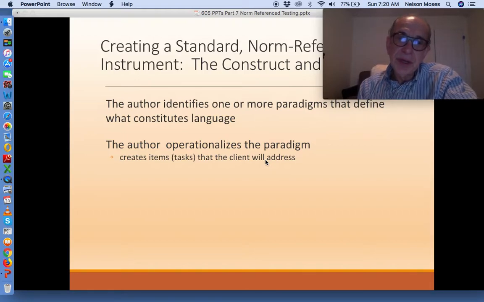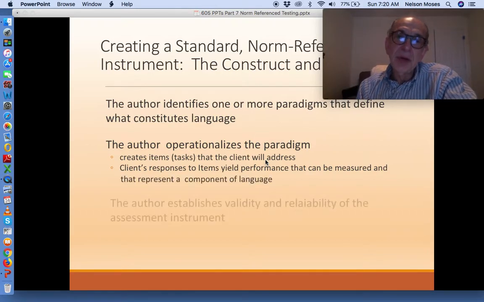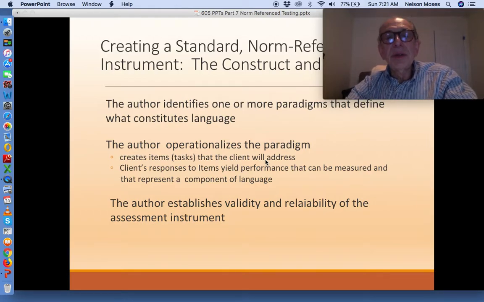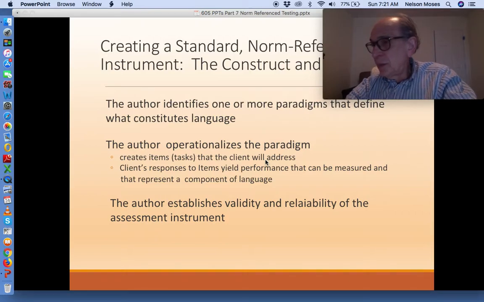So again, the author creates items that the client will address, and when they operationalize the paradigm, the client's responses to the items yield performance that can be measured and that represents the component of language. There are formal ways that the author can go about establishing that they've actually created something that does measure what they claim it measures. Something the author can do, and in fact must do to publish their test, is to establish validity and reliability of the assessment instrument.